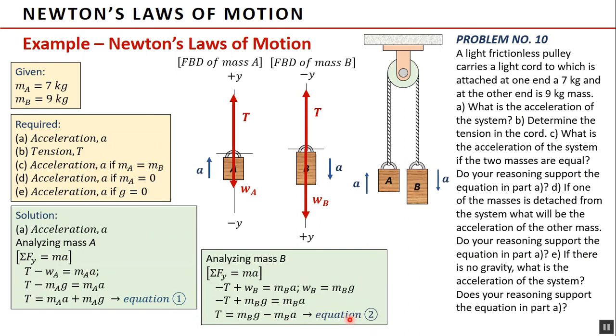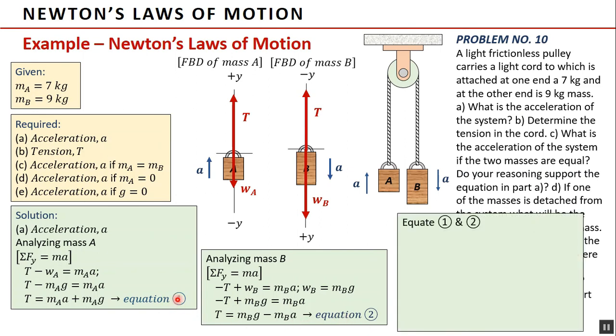Now that we have established two equations, the next step is to combine these two by equating them. So it will give the expression mAA plus mAg equals mBg minus mBA. Then simplify further.